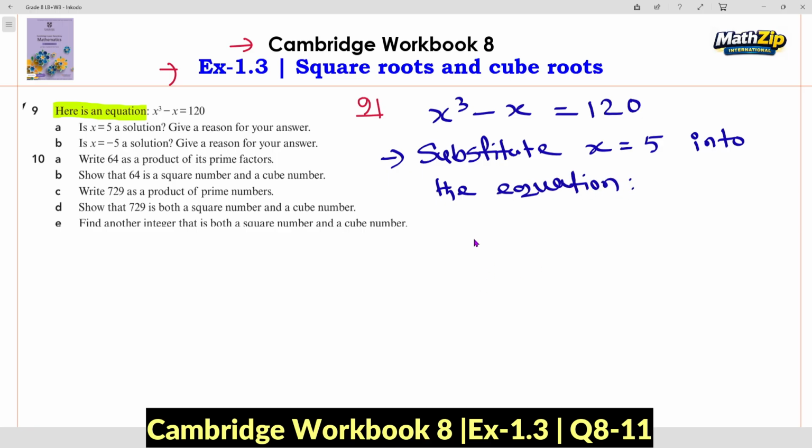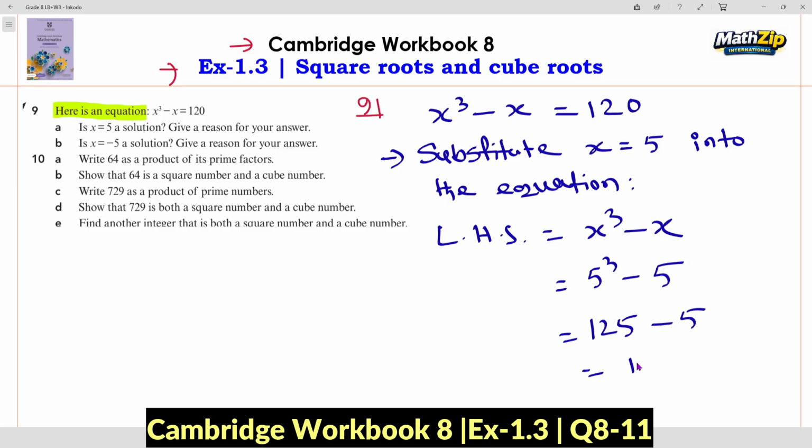On the left hand side, x cube minus x, replace x with 5, so 5 cube minus 5. 5 cube means 125, minus 5 equals 120. It means x equals 5 is a correct answer.